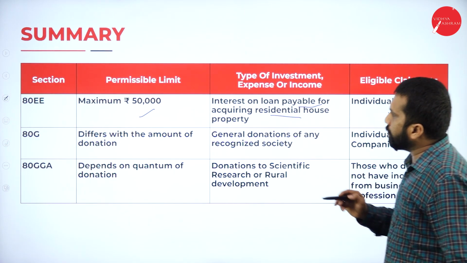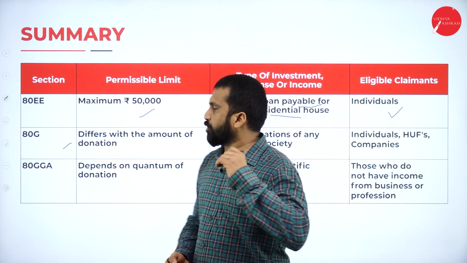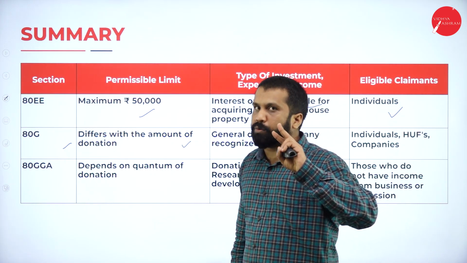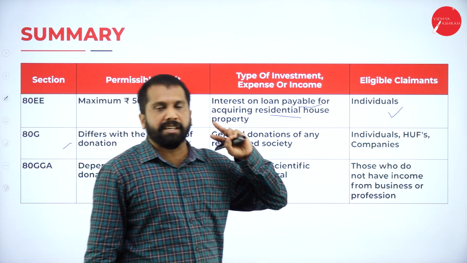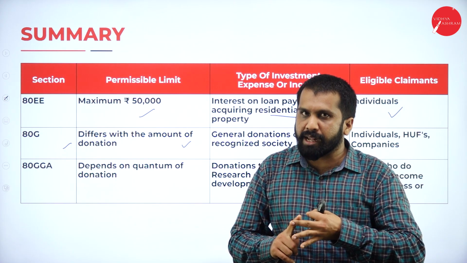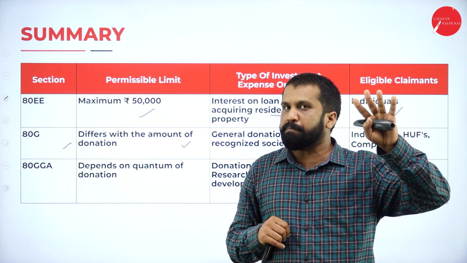This is for individual. Now, 80G, G for what? Giving, donation. It differs with the amount; there are two slabs. One is 50%, another one is 100%. Which are 50%? Like Rajiv Gandhi, Nehru, Indira Gandhi, Prime Minister Relief Fund. These four come under 50%.